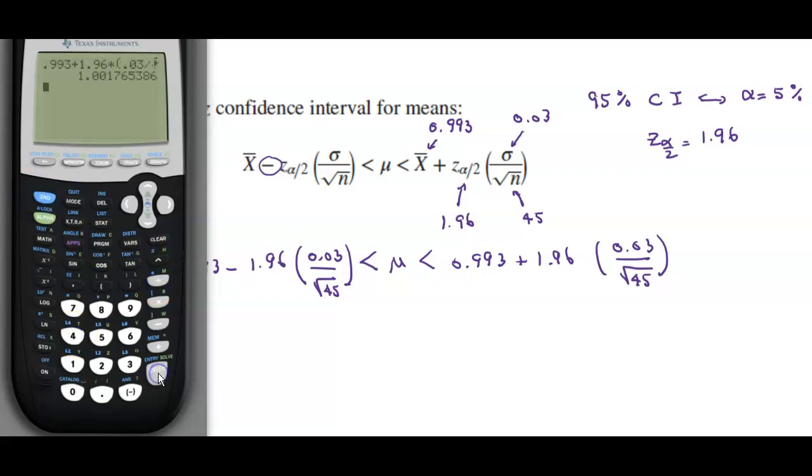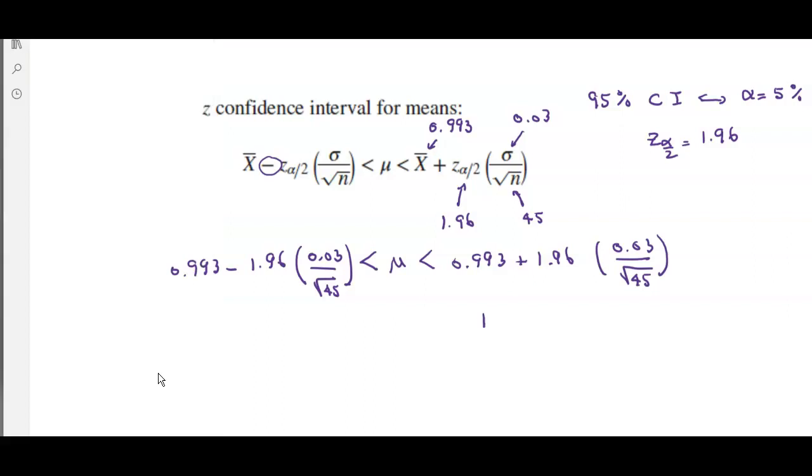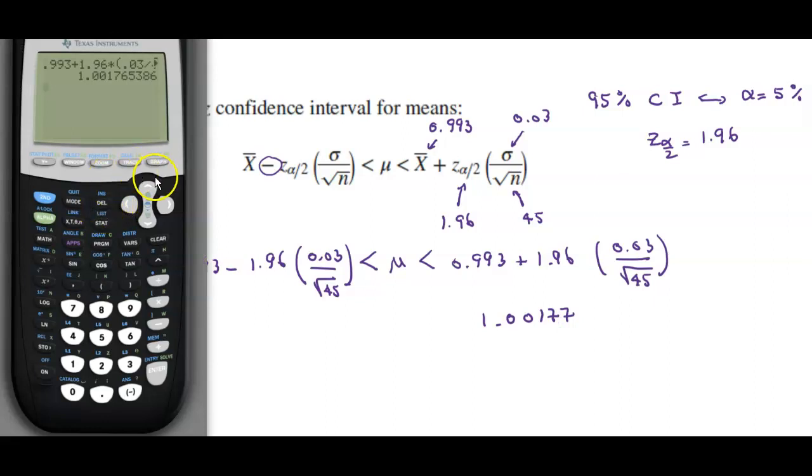Okay, so this is going to give me 1.0017, I think. And the second one, you don't have to change it, just change the plus sign into minus and enter, and that's going to be 0.9843.